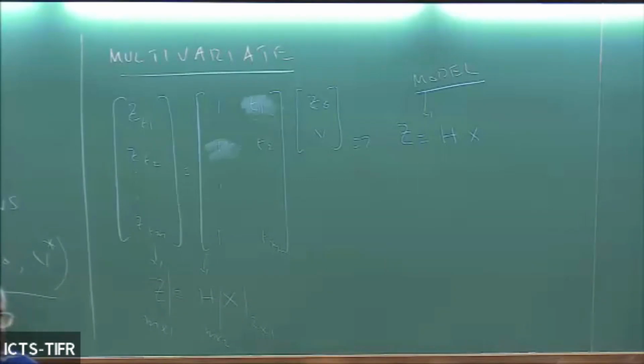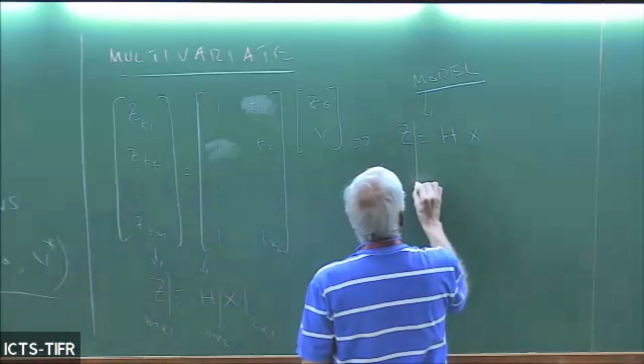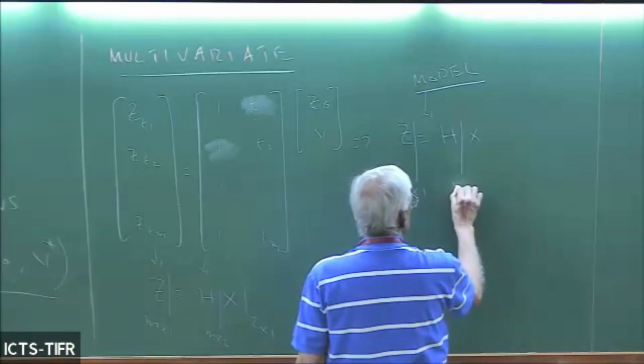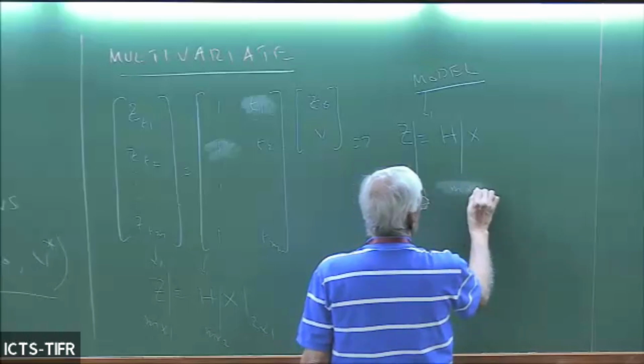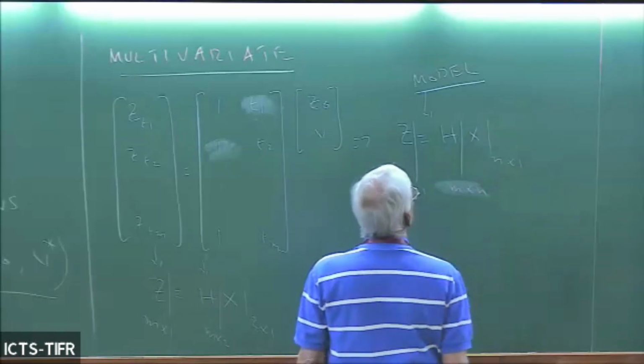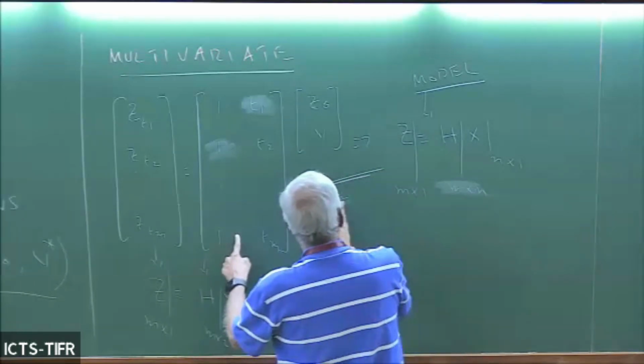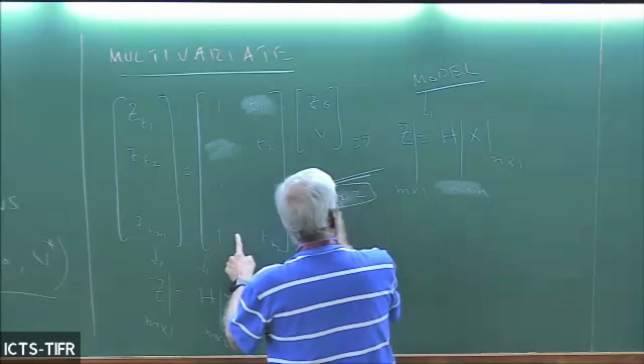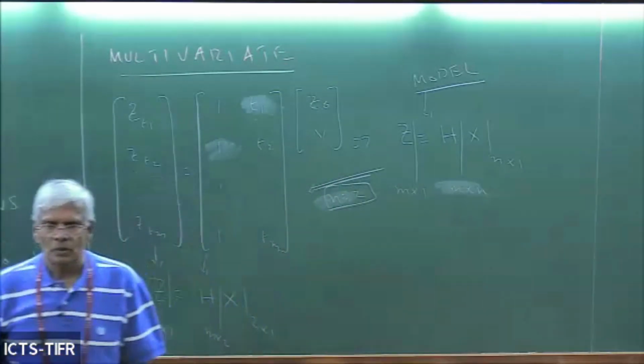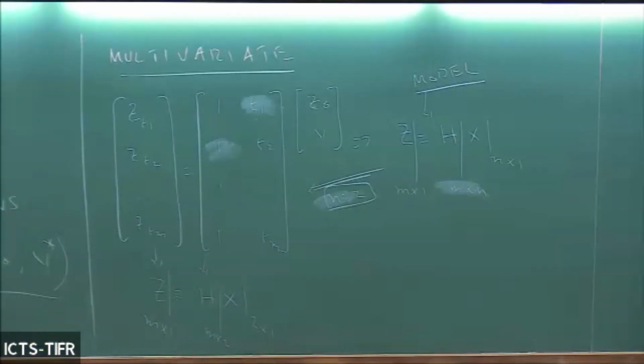Now I'm going to generalize this. Can you imagine a problem where this is an M by 1 vector, this is an M by N matrix, this is N by 1? So this becomes this when N is equal to 2. So instead of 2 parameters, I could visualize a problem with N parameters. Do all of us see that, please? So how will that parameter equation look? Let me write it in here.